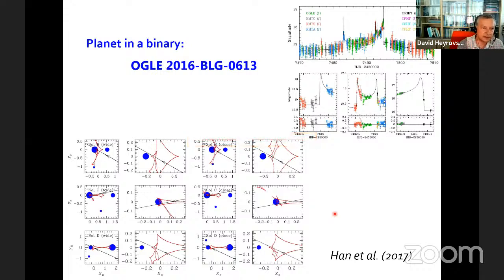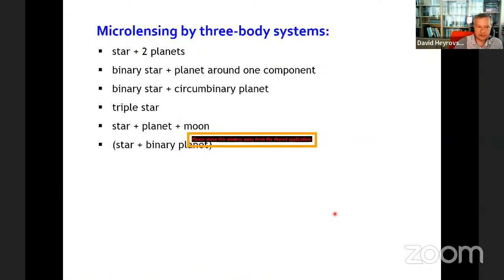The other detected systems include also interesting cases such as a binary star with a circumbinary planet. So you have a binary star and a planet which orbits the binary. So again, another thing which can be detected by three-body lensing. In principle, if you look at it more generally, what could these three-body systems be?